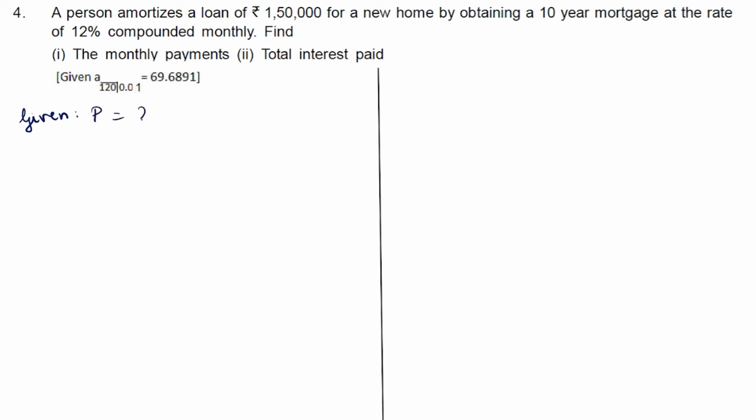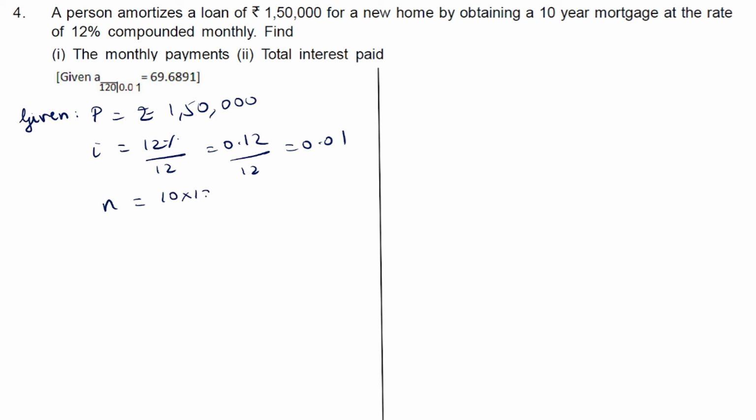Given P is rupees 1,50,000, I is 12% upon 12, it is 0.12 by 12, which is 0.01. Then N is 10 years, so the number of payments will be 10 into 12, 120.